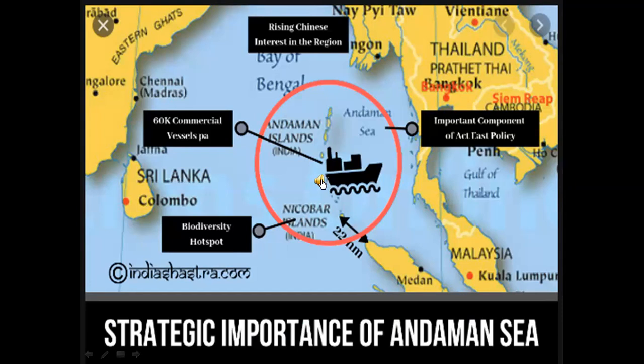How can we say that? Let us understand. The Andaman and Nicobar Islands lie in a strategically important zone, meaning that India with its growing naval capabilities could play a significant role in controlling access. India needs to deploy naval assets to these islands for surveillance in important sea lines of communication.